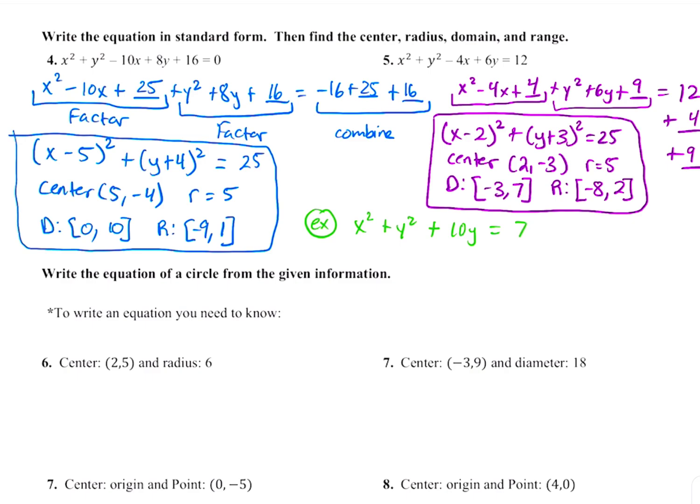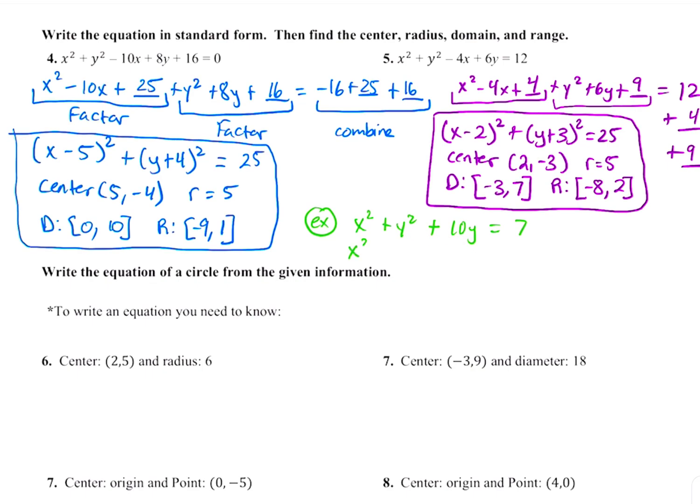Notice how I don't have a pair with the x squared. I just have a y squared and a y term. So that means that I don't have to complete the square on the x part, just on the y's. So this would give me x squared plus y squared plus 10y plus blank equals 7 plus blank. Since I'm only adding in one number, I only add one number on this side.